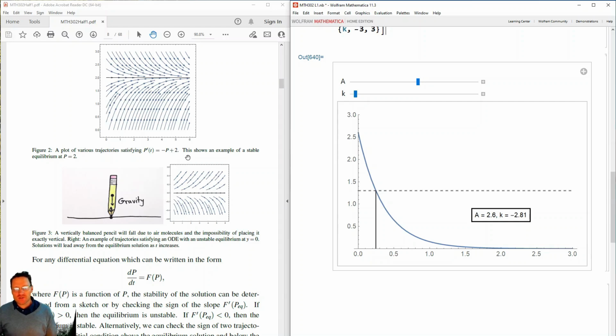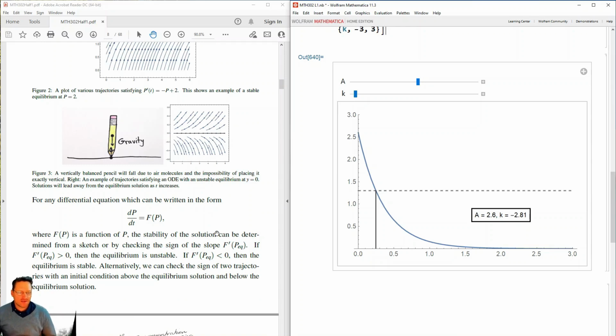So equilibrium solutions themselves are trajectories, right? So it would be possible to balance a pen perfectly on its tip, right? If there were not outside perturbations there, like molecules bouncing into it and pushing this away, right? It is an actual solution to that system, but it's an unstable one.